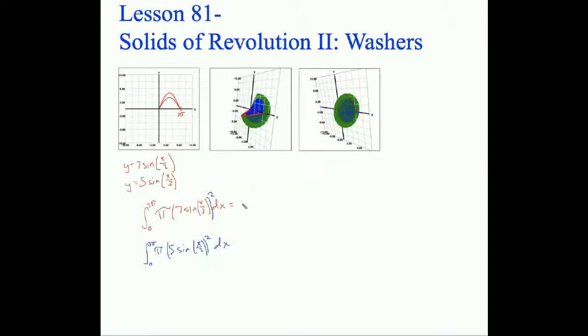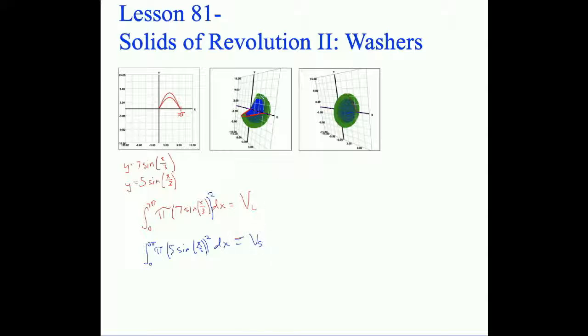And this would have been giving me the volume of the larger solid. So let's put a capital V, or volume of L, the larger solid, and this would have given me the volume of the smaller solid. So let's go V sub S.